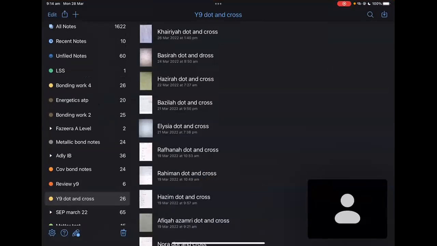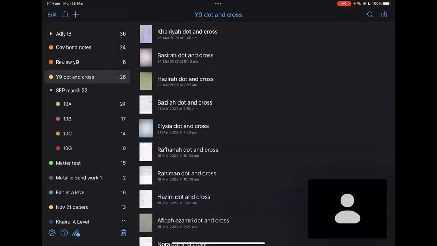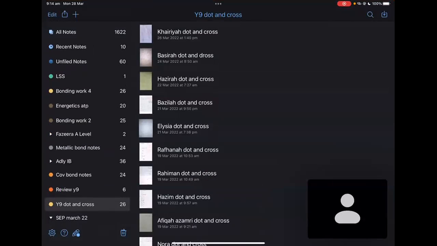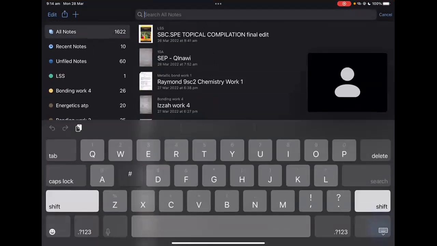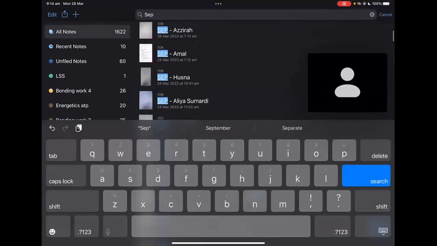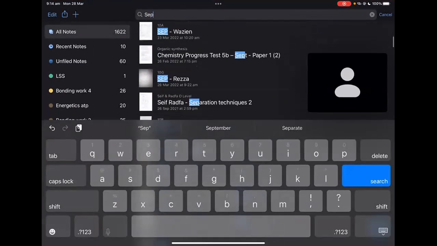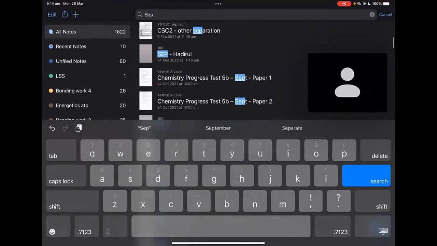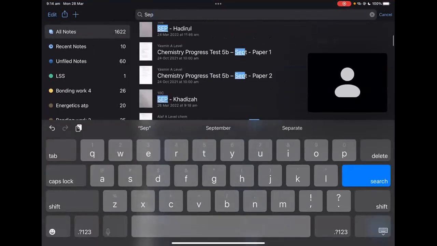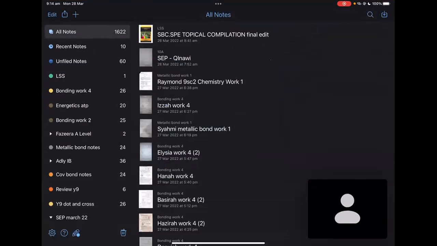Let me just quickly go through the stuff that you had gone through. So where was I? SEP. Just give me a minute. I need to find that particular paper. I'll forget about it. All right. You have the question paper, yeah? So have a look at the question paper.